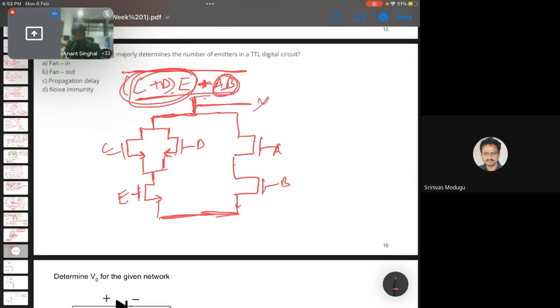PMOS is nothing but the dual of this NMOS. Whatever is in parallel in NMOS will be in series in PMOS, and whatever is in series in NMOS will be in parallel in PMOS.